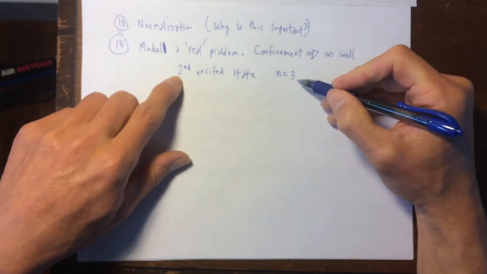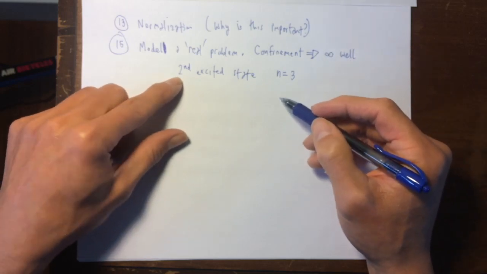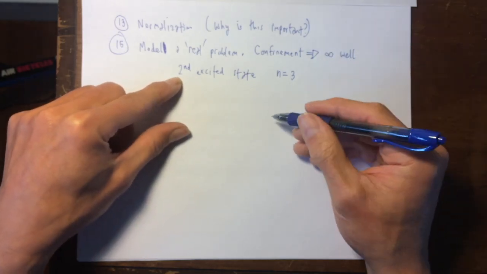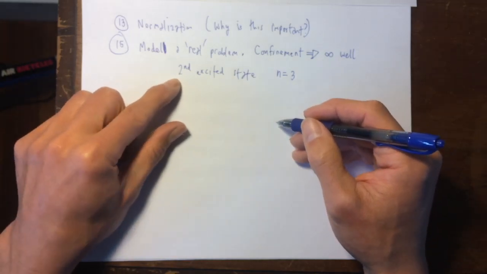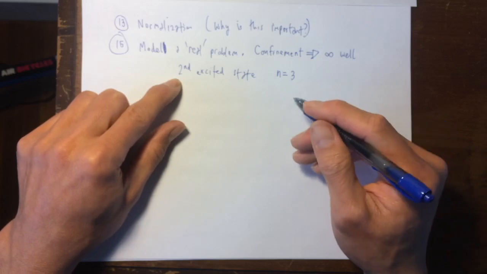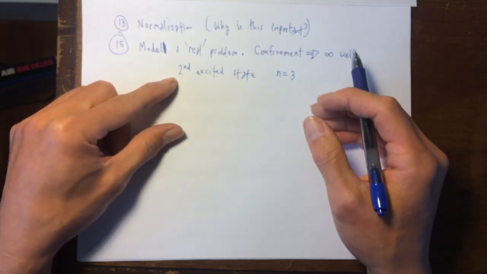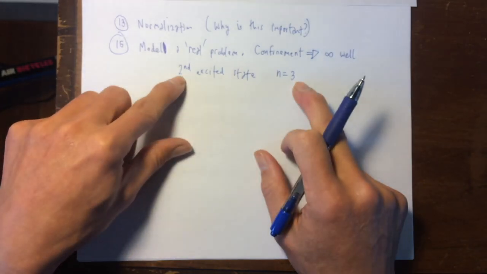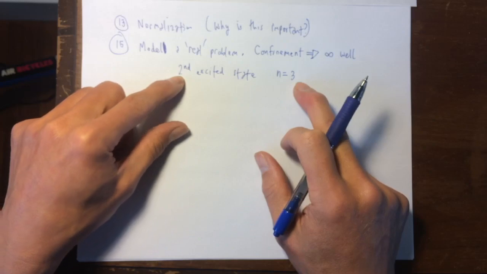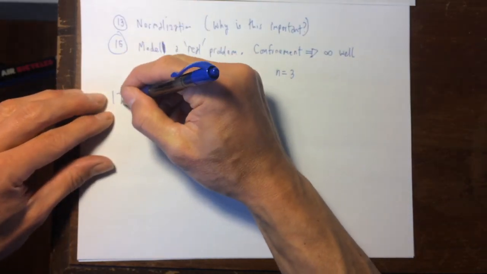So this 3 and that 2 don't match, but if you think about it, the first excited state is an excited state up above the lowest state. So the lowest state is called the ground. The first excited state, that's n equals 2, is the first energy above the lowest, and then n equals 3 is the second energy above the lowest. So that's n equals 3 is the second excited state.